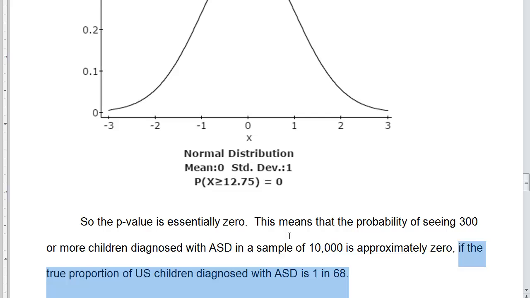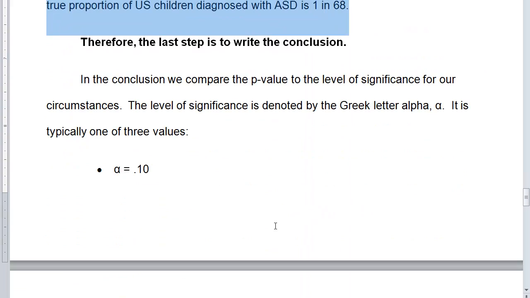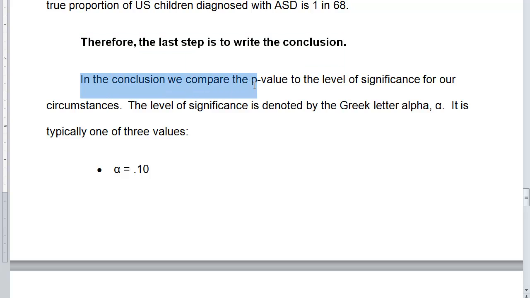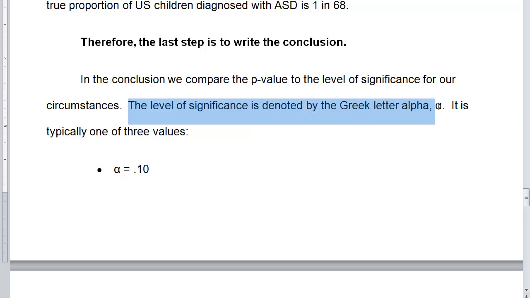All right? So now this brings us to the last step. Therefore, the last step is to actually write the conclusion. What does it mean? Okay? So in the conclusion, we usually compare the p-value to the level of significance for our circumstances. And so the level of significance is denoted by the Greek letter alpha, and that's the symbol for alpha, and it is typically one of 3 values.